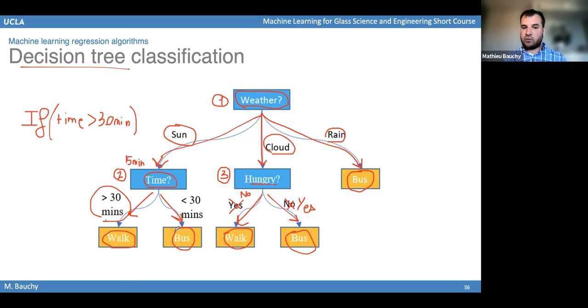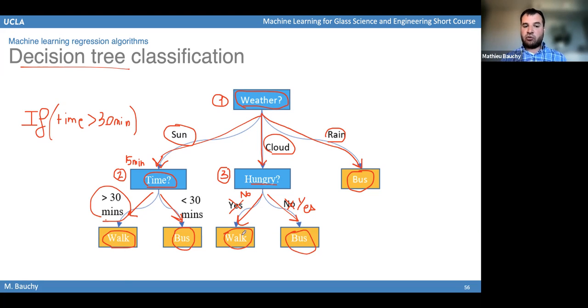Did you decide to take the bus, or did you decide to walk? And then you have a data set where you have for each day what was the weather, how much time did you have, were you hungry or not, and did you decide to walk or to take the bus? And once you do that, you can train your decision tree.